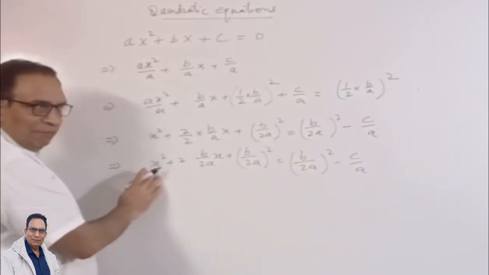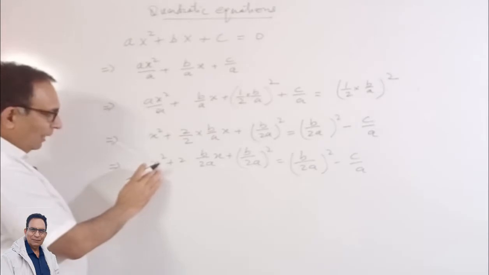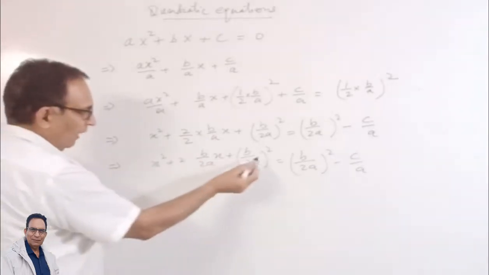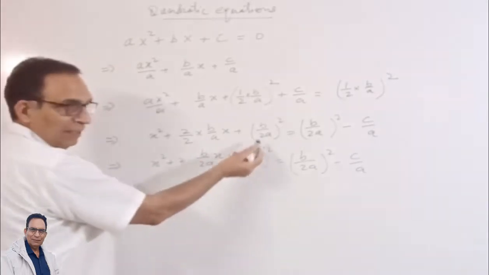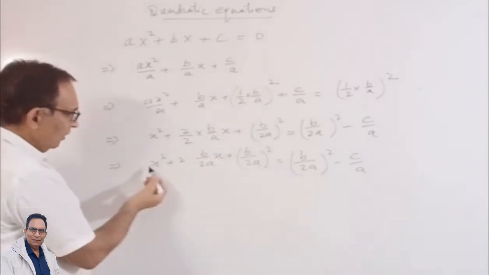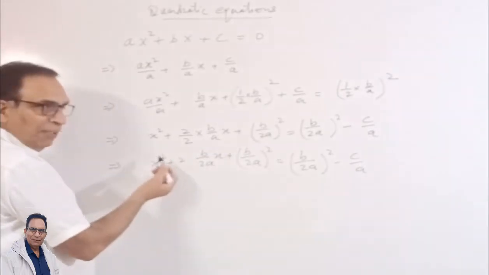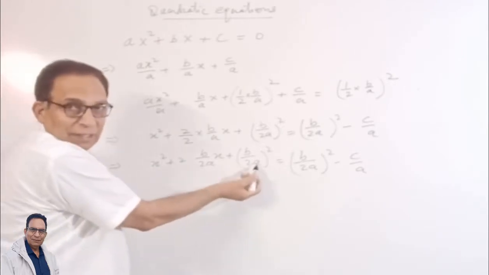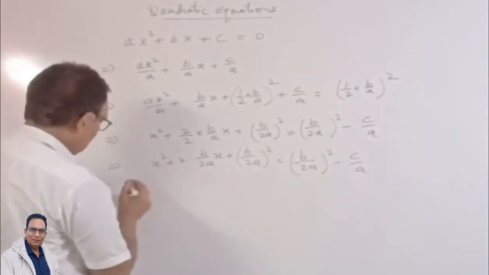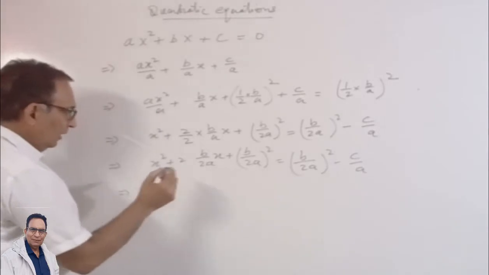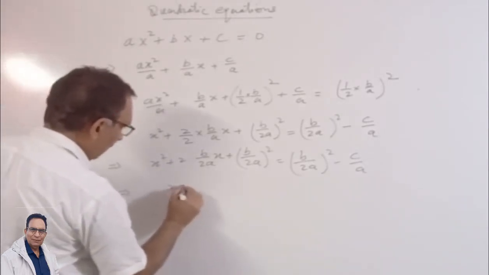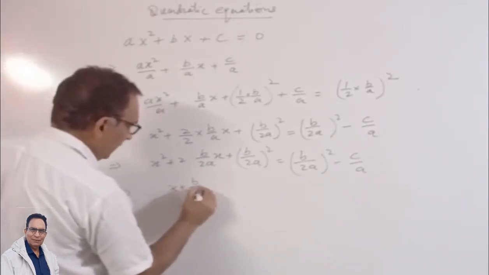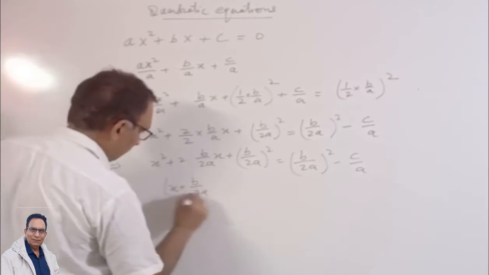Watch this carefully. It looks like x square, and if I take y, it becomes x square plus 2xy plus y square. This is the formula for x plus y whole square, and y in my case is b over 2a.